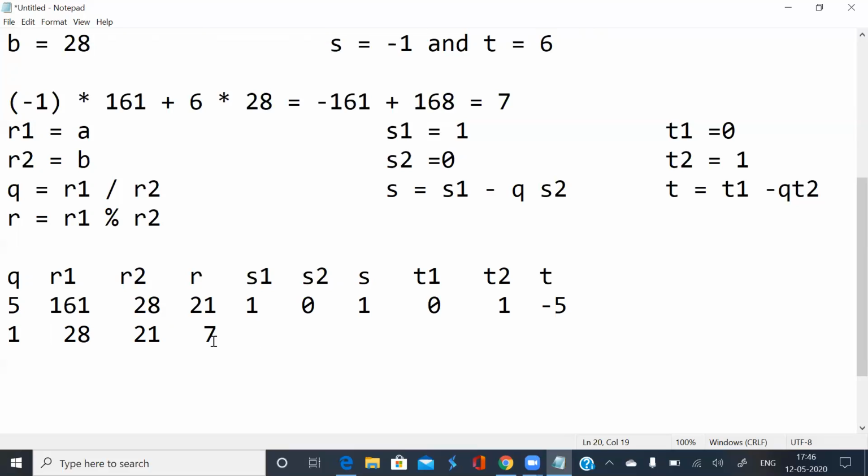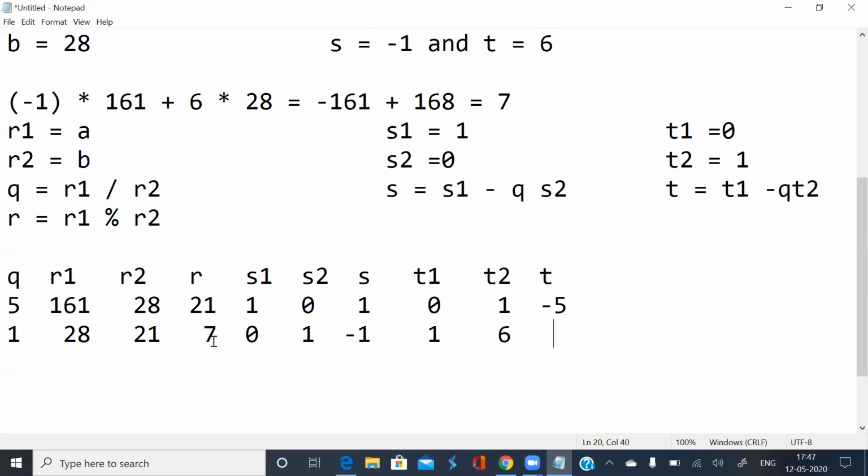S2 is now S1. S is S2. We have to find out S. So what will be S? This is -1. Now what will be this? This is 1. And what about this? 1 minus of -5, this is 6.